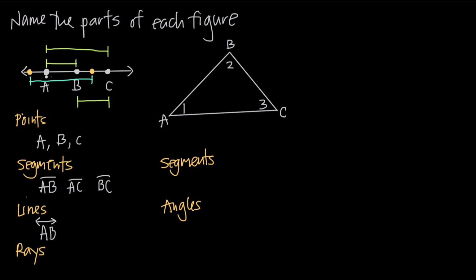So this would define the line pictured here simply because A and B are both on the line, so we connect them to get the direction of the line, and then we extend it infinitely out to the right and infinitely out to the left. But the line AB could define this line here. We could also define it with the points A and C and say the line AC, or the points B and C and say the line BC.